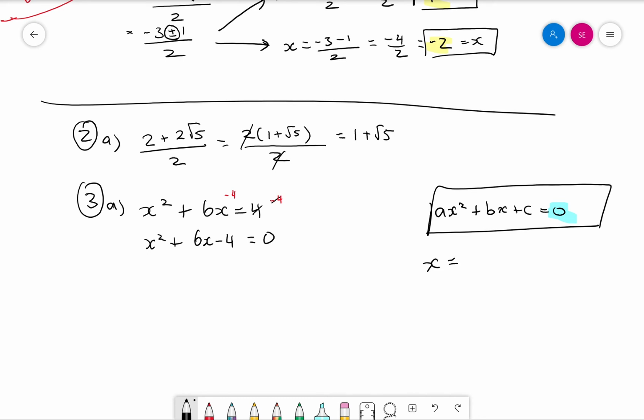So now we have it in this form here, which means we can use our quadratic equation. And remember, it's x is equal to minus b plus or minus the square root of b squared minus 4ac on 2a. So in this instance, what's our a? Our a is 1, because it's just 1 here. Our b is 6, and our c is equal to minus 4.